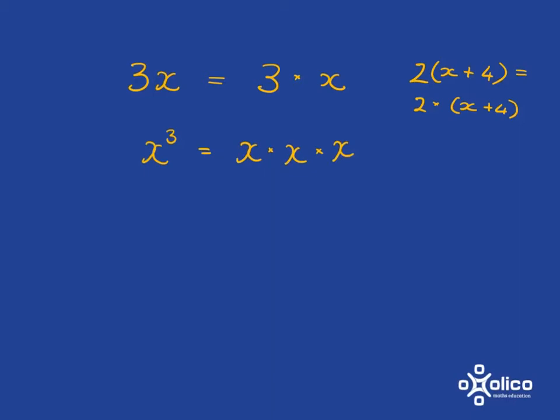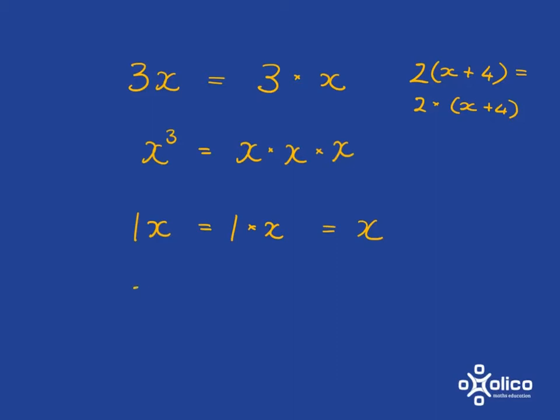Now, related to both of these is the idea that with 1, we often don't write it in algebra. So, 1x, we could write that. It just means 1 times x. But the convention in algebra is that we simply write x. So if you see x just like that, it means 1 times x, one lot of x.